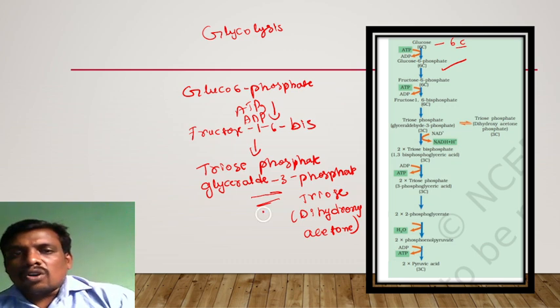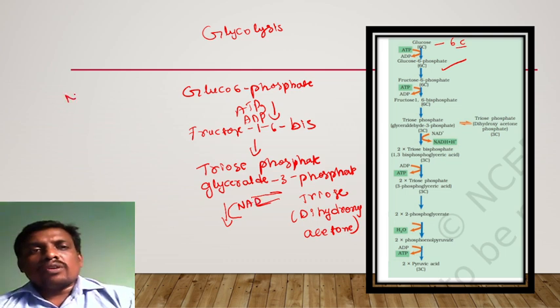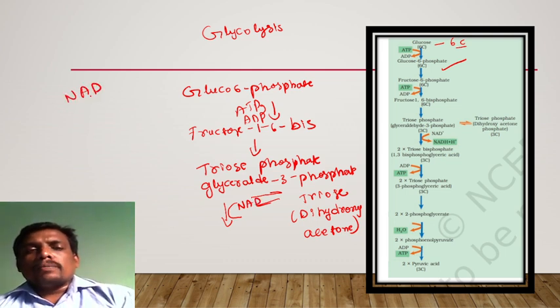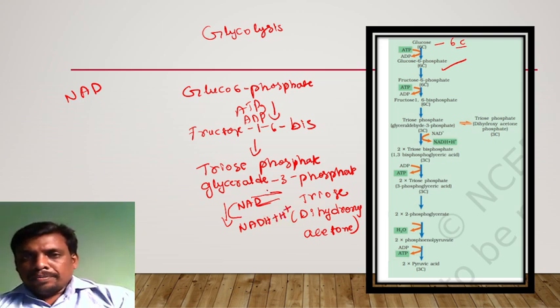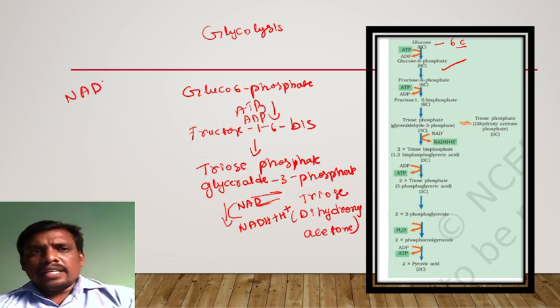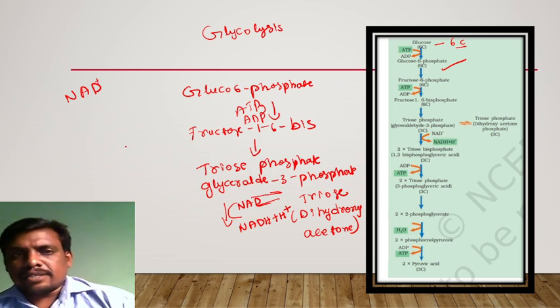Finally, after this compound, the triose phosphate, glyceraldehyde 3-phosphate, here NAD plus, nicotinamide. What is the full form of NAD? Nicotinamide adenine dinucleotide, which will be converted into NADH plus H plus. Now here NAD plus acts as a reducing power agent.